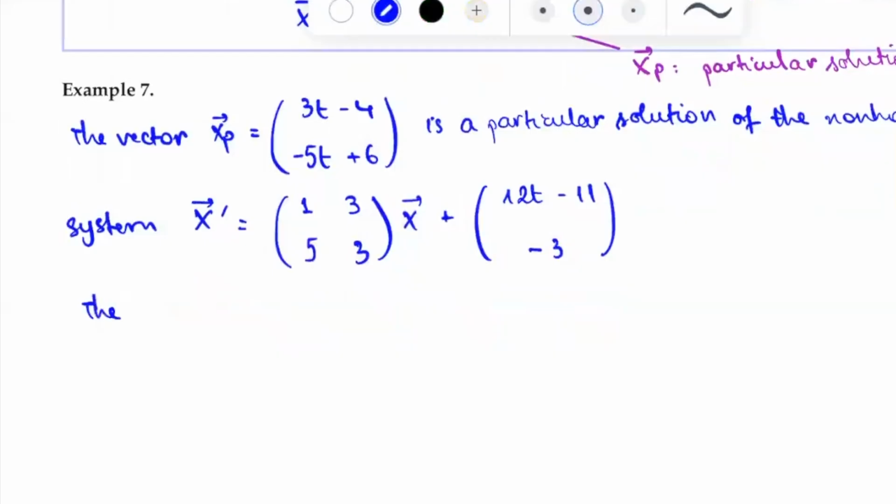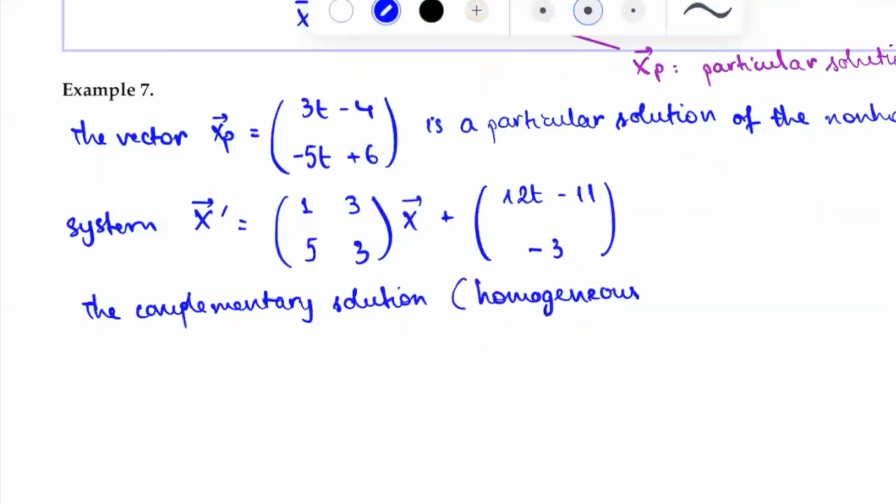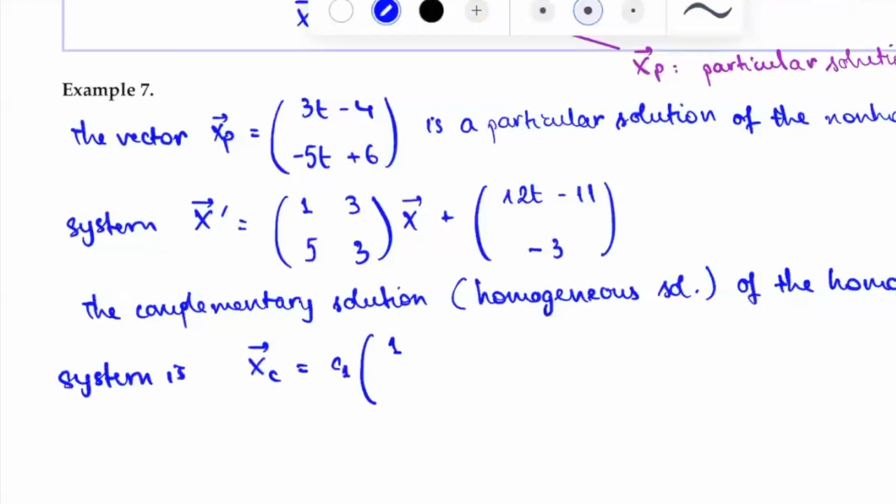So the complementary solutions, the homogeneous solutions of the homogeneous system, is xc equal to c1 times (1, negative 1) times e to the negative 2t plus c2 times (3, 5) times e to the 6t.